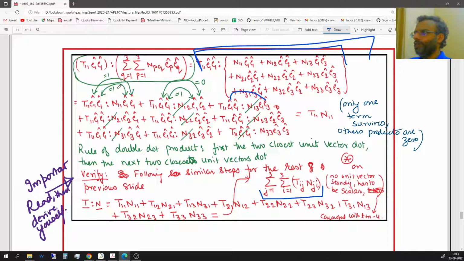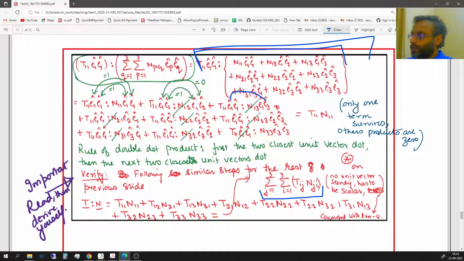So first e1 here dots with e1, and that gives me 1. And then the e1, which now becomes the rightmost on the left tensor, will dot with what has now become the leftmost on the right tensor. And in this case, both dot products will give you unity, and that is why this term will survive. T11 N11 will be a survivor.